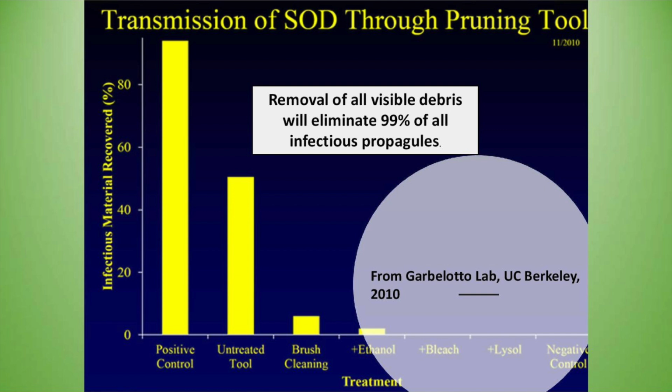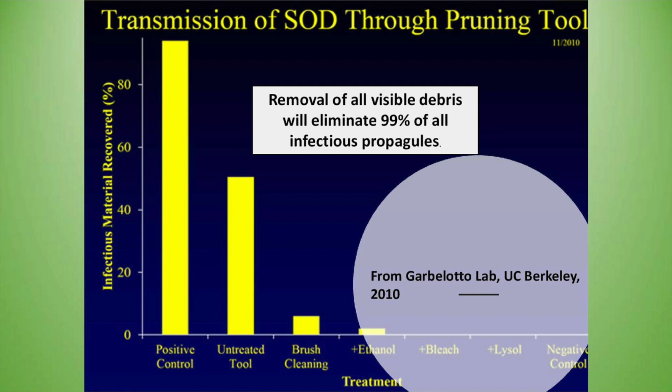The disinfectants used were 10% ethanol, 5% bleach, and Lysol diluted as instructed on the label. After cleaning, the saws were examined under magnification, and any remaining bits of plant or organic matter were plated on selective agar petri dishes. The percentage of infectious propagules that grew on the agar plates is graphed in the graph you see on the screen.